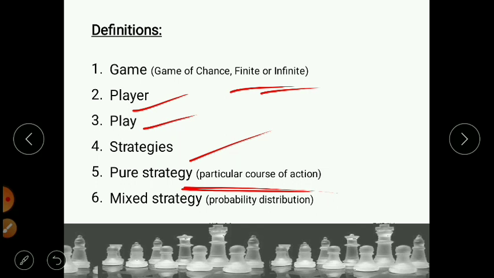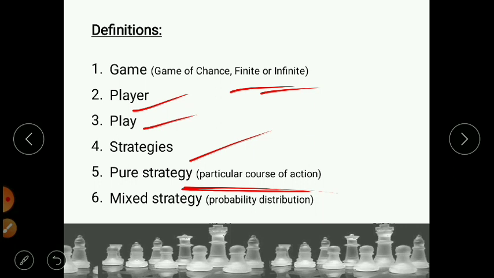It will be more clear. But all in all, in broad terms, pure strategy is the decision rule to always select a particular course of action, and it is usually represented by a number, the number with which the course of action is associated.